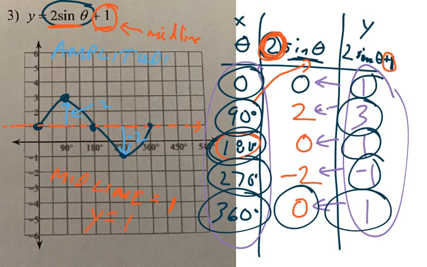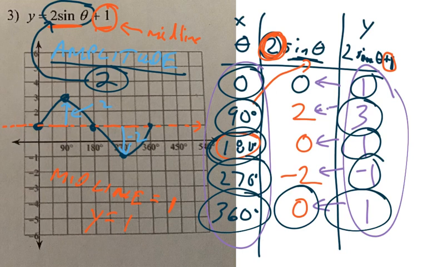Our amplitude is going to be 2. Now notice, guys, the 2 is what we're timesing the function by. So that number, that coefficient of the sine, is your amplitude every time. Try to remember that. We're going to do a video on that as well.